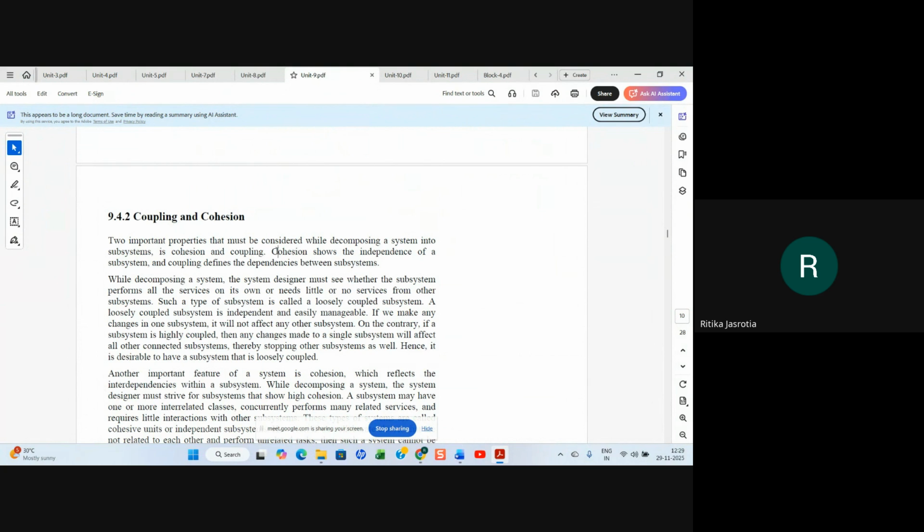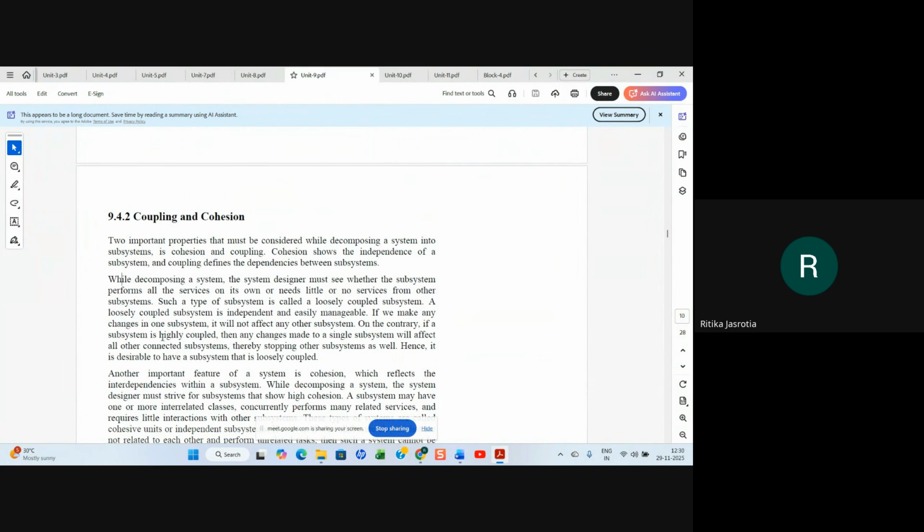So cohesion should be more. While decomposing a system, the system designer must see whether the subsystem performs all the services on its own or needs little or no service from other subsystems. Such a type of system is called a loosely coupled subsystem. A loosely coupled subsystem is independent and easily manageable. If we make any changes in one subsystem, it will not affect any other subsystem.